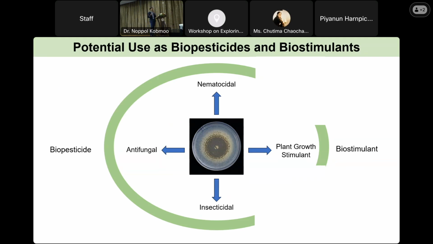So they are very interesting not only as biocontrol agents, but also as biostimulants in biofertilizer, or to help the plant have better protection against some plant diseases.